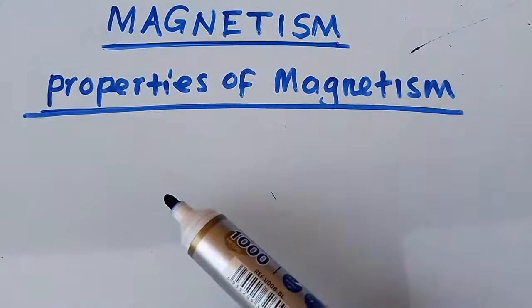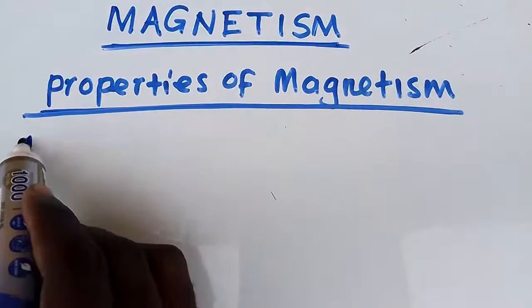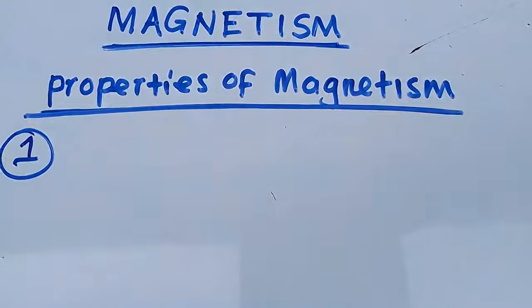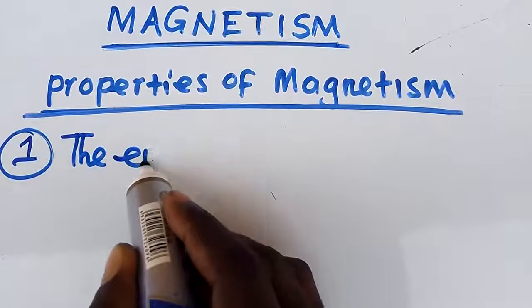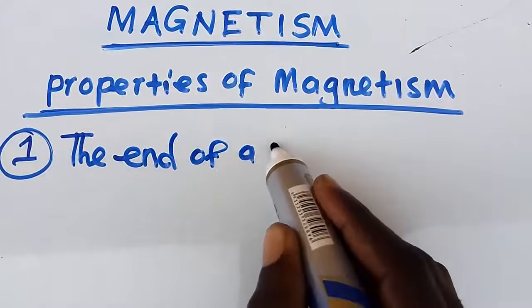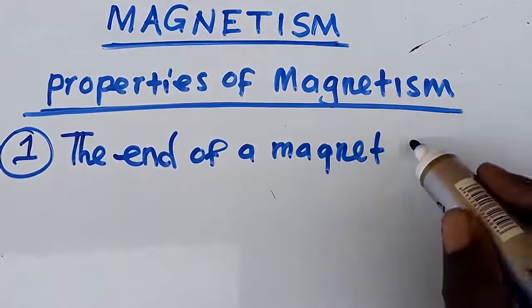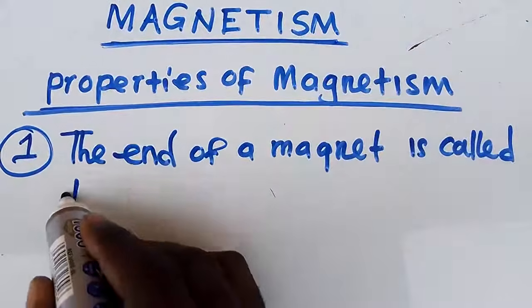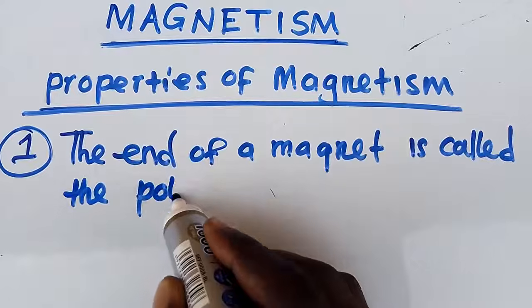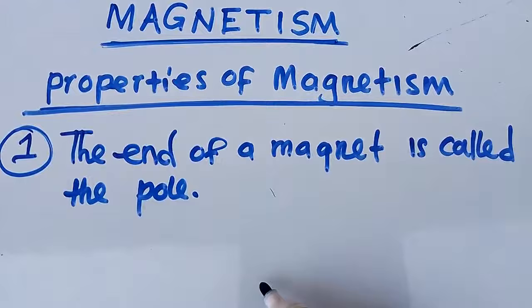Property number one is that the end of a magnet is called the pole. This is what you need to know and understand. So the end of a magnet is called the pole.